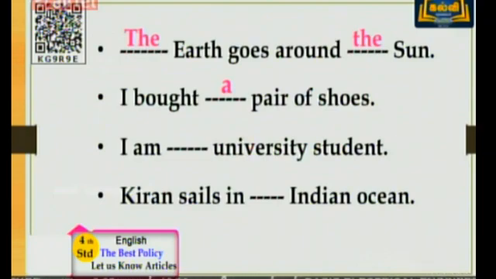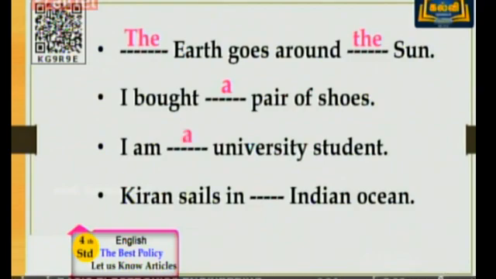You're right. Now tell me the answer for the third question: I am dash university student. Which article should you use there? Even though the spelling starts with a vowel letter, the sound of U is like Y. So we are using a.